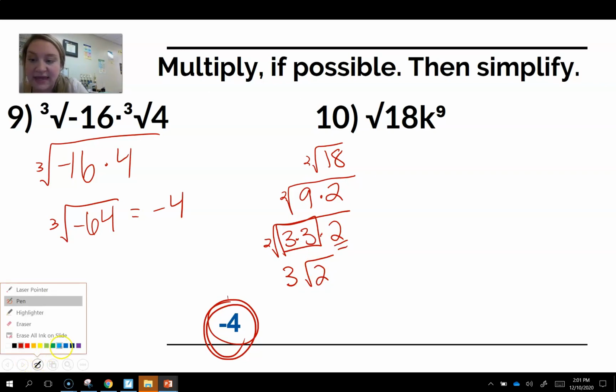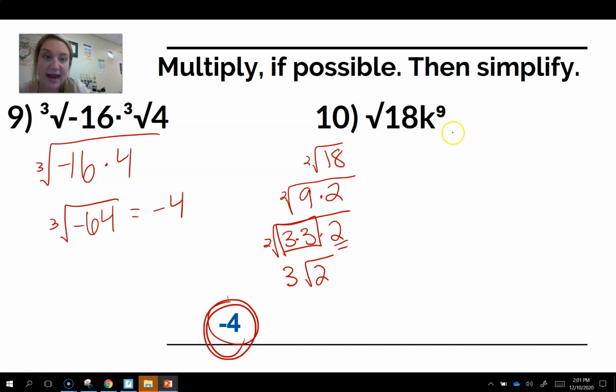Now I'm going to simplify the k piece. So I have k to the power of 9. So square root of k to the power of 9. I could rewrite that as 9 over 2. The issue with that is it's not a whole number. Okay, so I'm going to write out my 9 k's. Ready? 1, 2, 3, 4, 5, 6, 7, 8, 9.